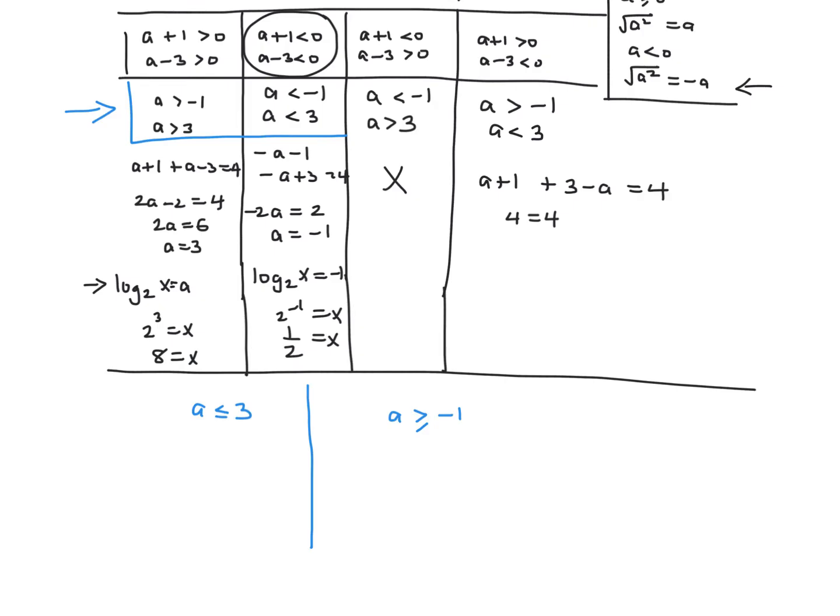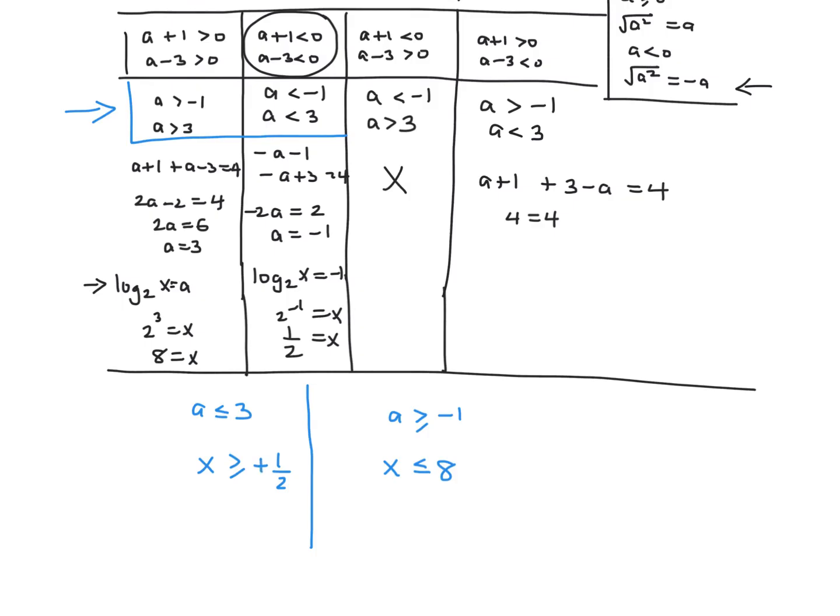X was 8. So x would have to be less than or equal to 8 in order for that inequality to hold true. And then for a less than or equal to 3, x would have to be greater than or equal to -1/2. Oh, sorry. Is it -1/2? No, it's a positive 1/2. Sorry about that.